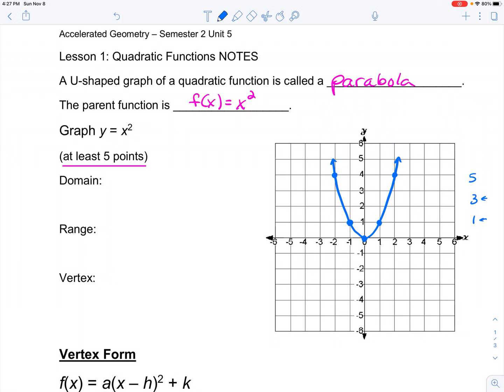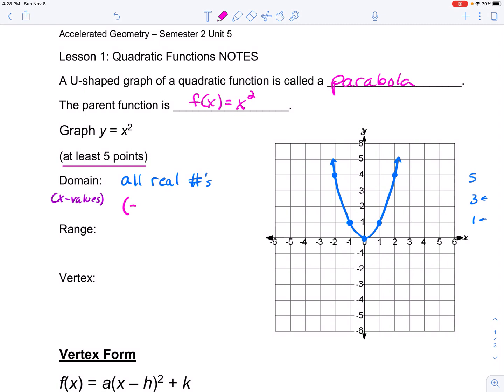That's our parabola as such. Okay, so let's talk about domain, range, and vertex. The domain are your x values. That would be all real numbers. So in case you forgot, make yourself a little note, x values. In interval notation, you would put a parenthesis around, since we can go in both the positive and negative direction forever, infinity.